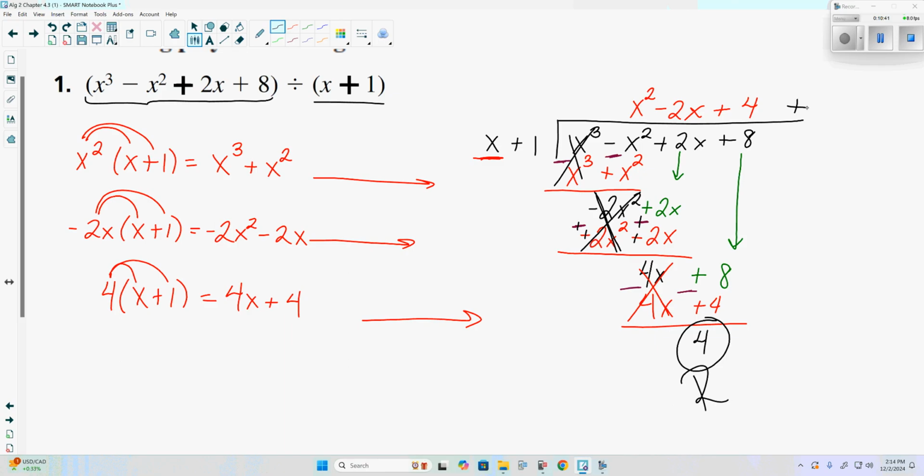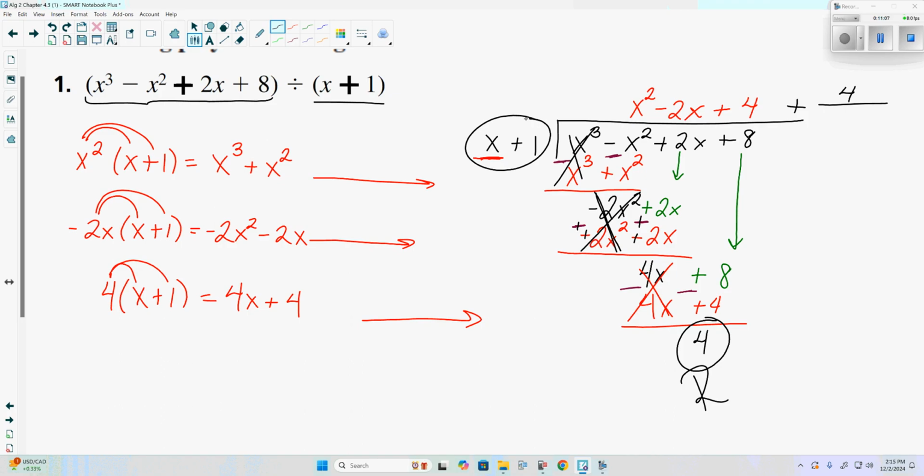Now we do have to add it back in, okay? Are you ready for this? Plus, and we're going to put a fraction bar because we're dividing. Fractions are just another way to divide, yes? What was the remainder? 4. It goes on top. What were we dividing this expression by?